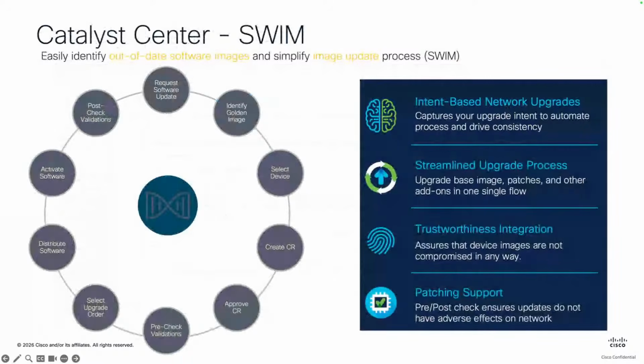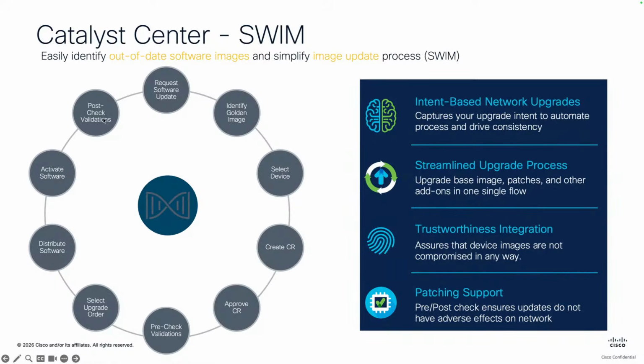About the Catalyst Center software image management, this is a tool designed to take the complexity out of the upgrades. So you can see that there's a full cycle here: request the software upgrade, identify the golden image, select the device, create a CR, approve, do the pre-checks and validations, select upgrade order, distribute the software, that means upload the software into your devices, activate it, that means do the upgrade, and then do some post-check validations.